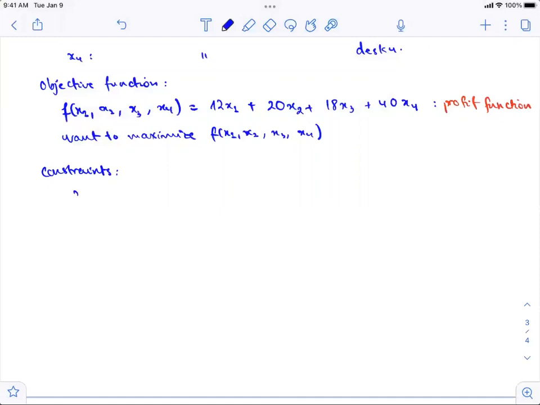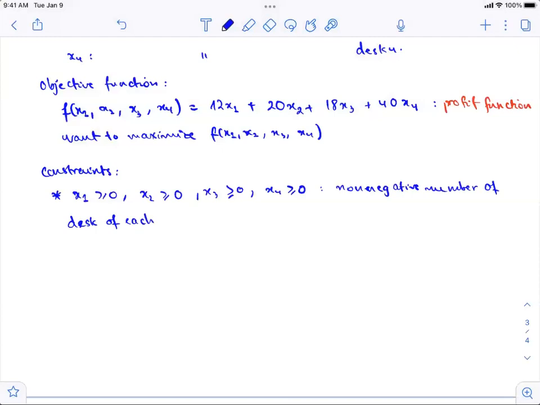So the first condition is that x1 greater than or equal to 0, x2 greater than or equal to 0, and so on and so forth. And that is the non-negative number of desks produced of each type.